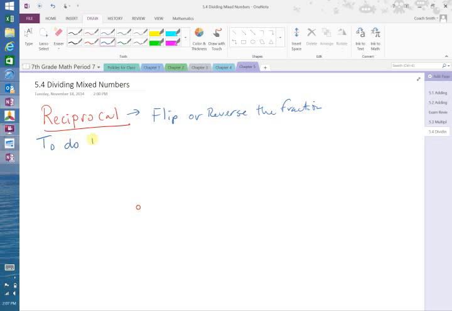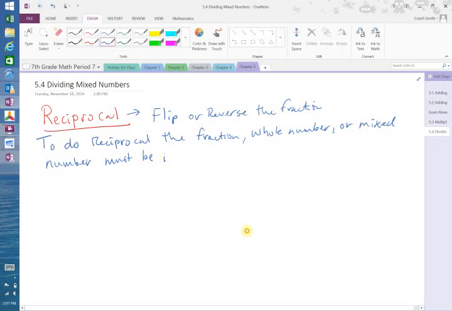To do the reciprocal, the fraction, whole number, or mixed number must be in improper or proper fraction form. Okay, it must be in improper or proper fraction form.